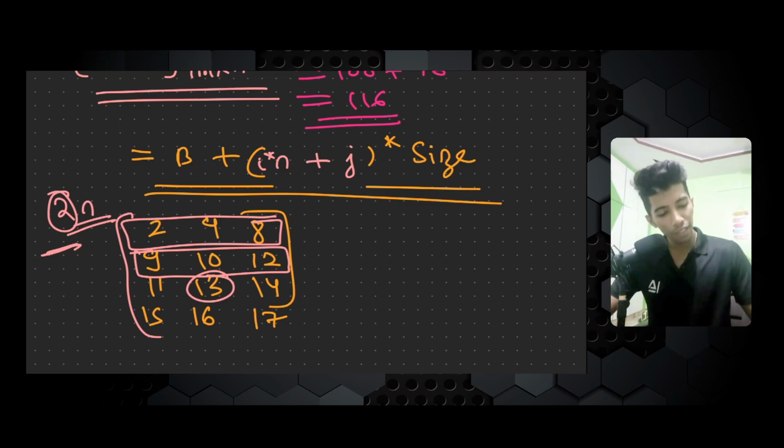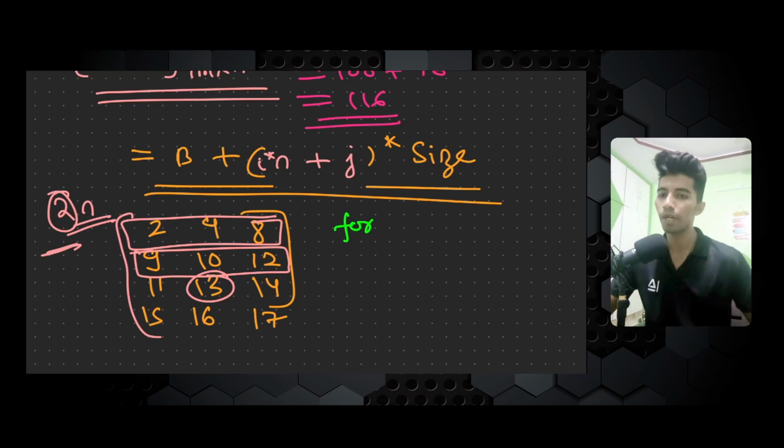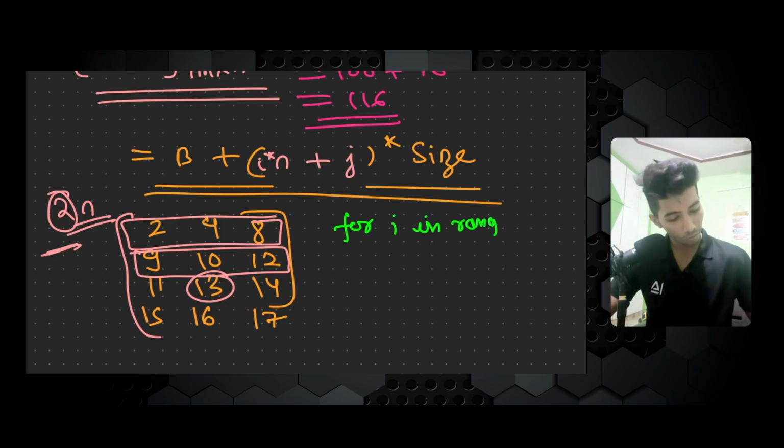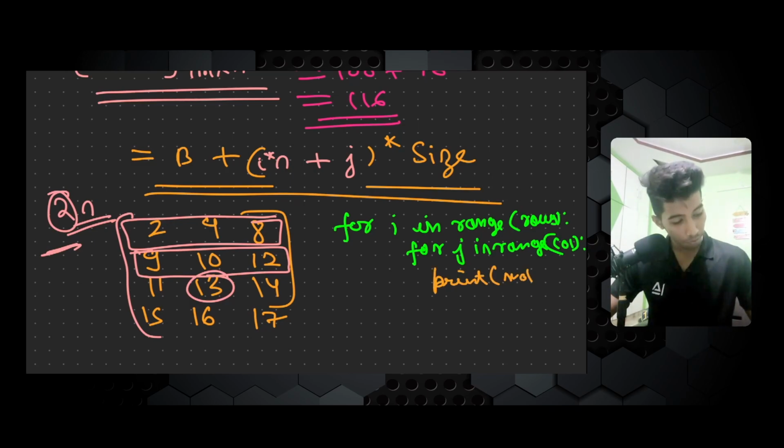When we write the matrix formula, as we discussed in the previous video also, for I in range we write rows, and then for J in range we write columns, and then we iterate and print matrix of I and J. Like this we do.